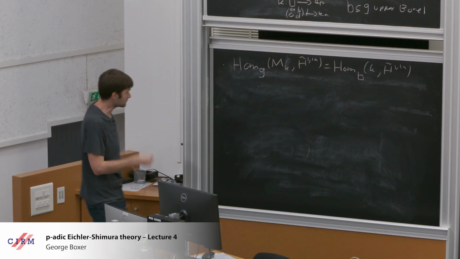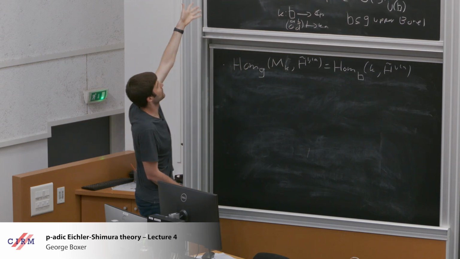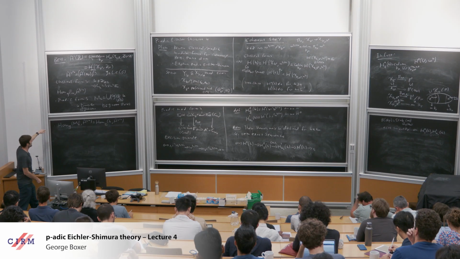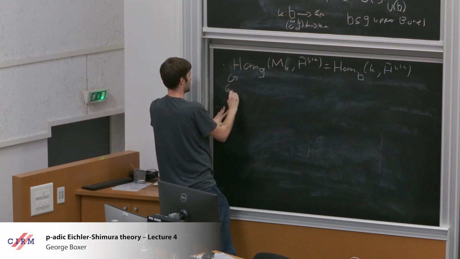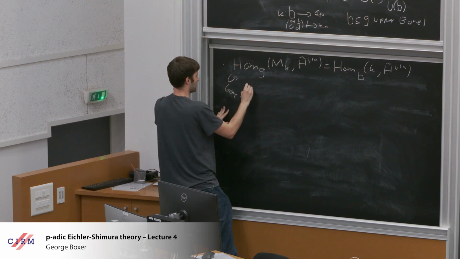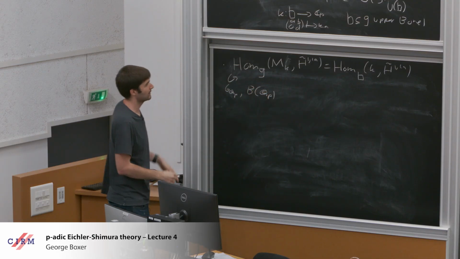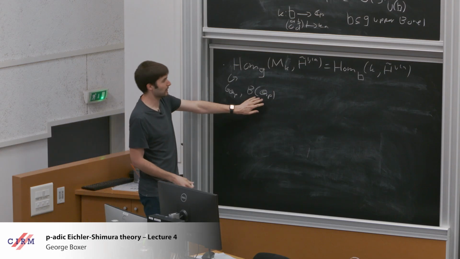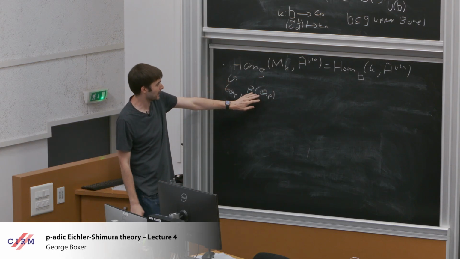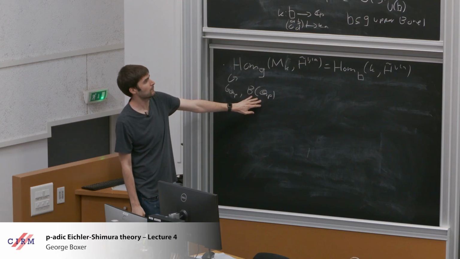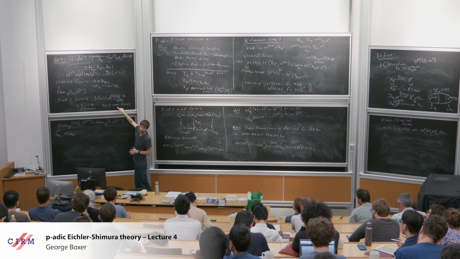Of course it has an action of G_{Q_p}, and it has an action of B(Q_p). Again, unlike our spaces of p-adic modular forms in the coherent setting, we don't really get an action of G on this space because we fixed this Borel.